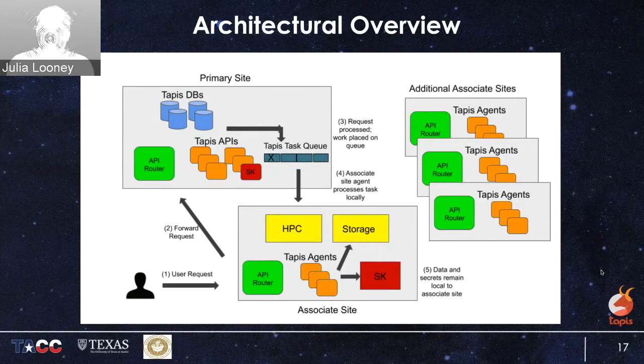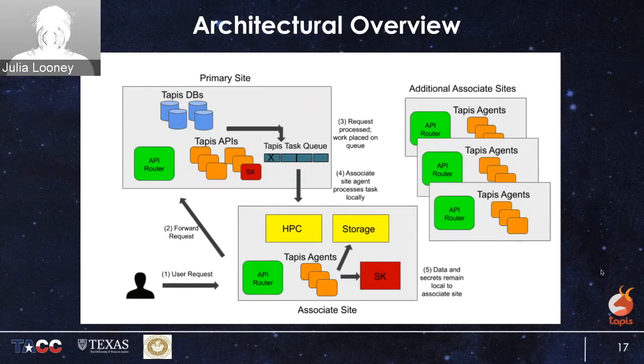If we go through this kind of simplified workflow, assuming a user has already authenticated. If you look on the bottom right, you'll see a user makes a request in step one. It goes to the router at their local site. That router may forward the request to the primary site. In this case, it does in step two. Step three, the request is processed by one of the services on the primary site.